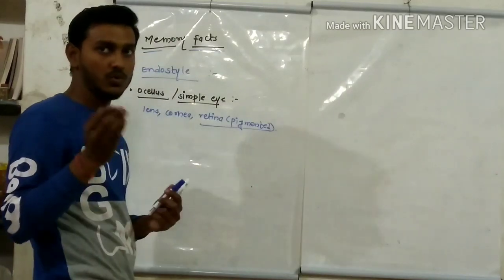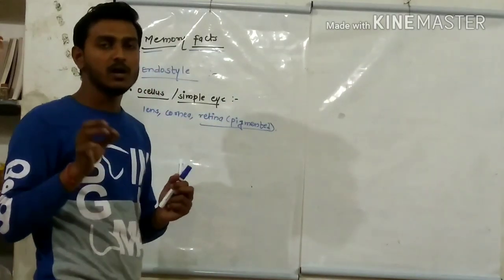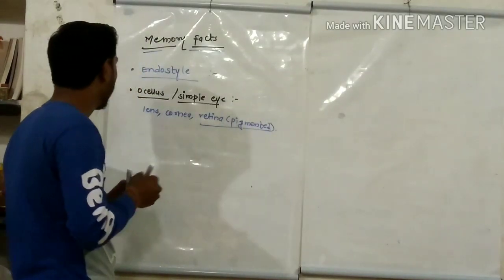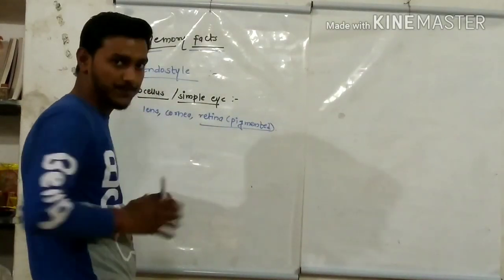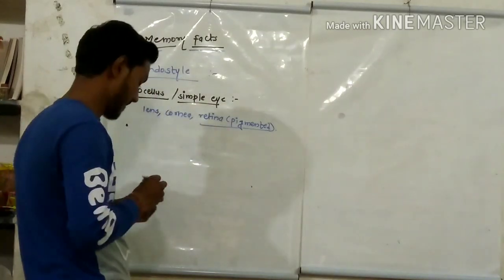Lens, you know about the lens of our eyes, and retina is the pigmented part. You can see the human eye, remember these parts and compare this part with this analogy.